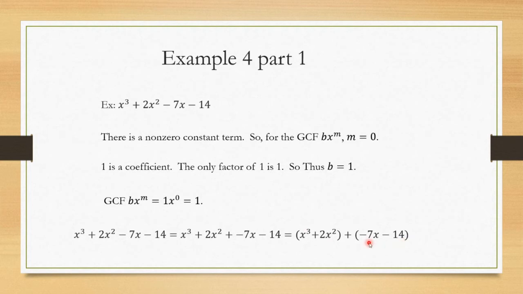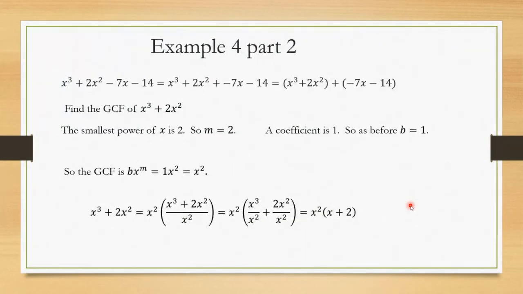Okay, that's great. Let's now factor each group individually. So we're going to factor each of these groups individually. Now, for the first group, right here, the smallest power of x is 2, as you can see. So m is 2.